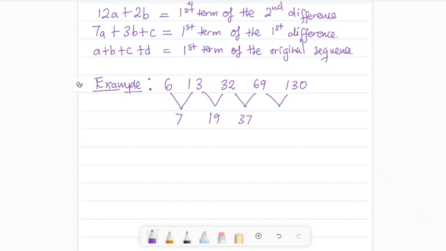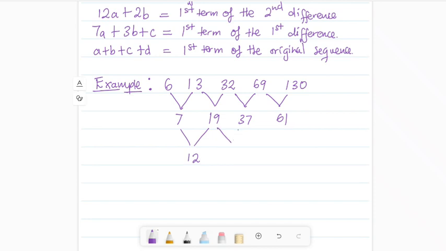Then 130 minus 69, we get 61. I'm sure you can see that these numbers don't look the same, so automatically this is not a linear sequence. So we move on to subtract again.